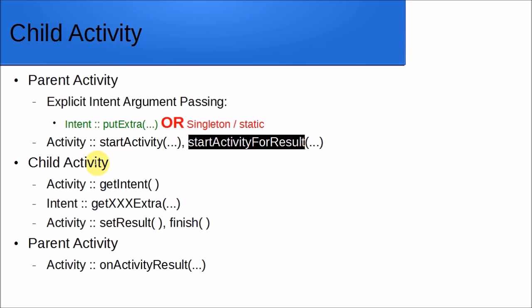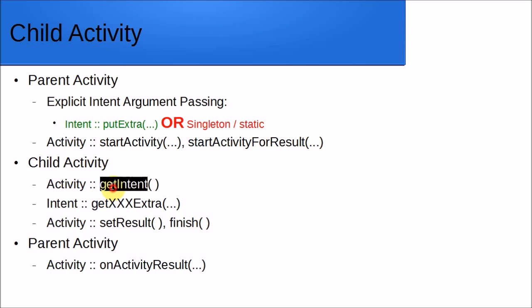So execution now goes to the child activity. In the child activity, if you're expecting inputs, arguments from the parent, you use getIntent followed by getXXExtra to get the arguments from the parent. If the child activity needs to return things, it's going to use setResult followed by finish. The finish function will exit the child activity and return the execution to the parent activity.